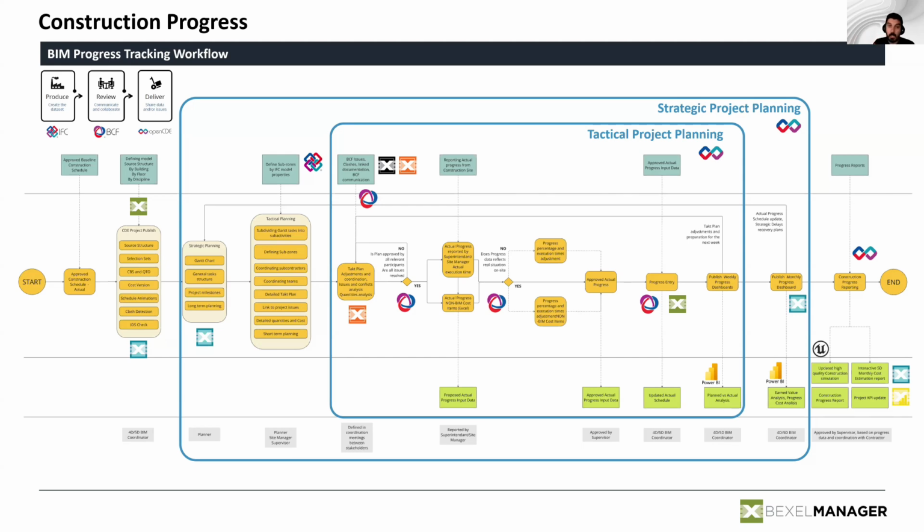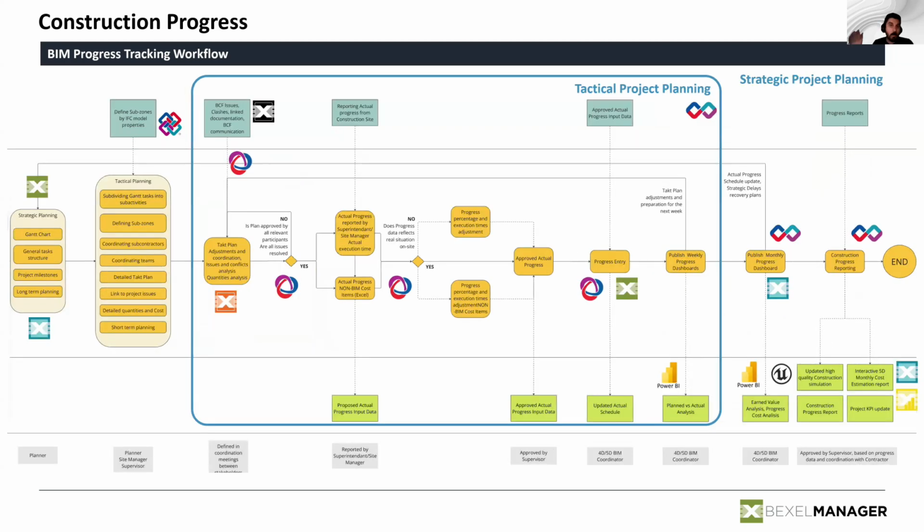On the other hand, the people working on site actually need something that we like to call a tactical project plan. That means that you need to be able to look at the same schedule in a different way. As a site manager, you need a much more detailed schedule, with much more flexibility, to see what amounts of work you have to execute and what information you have to report back.